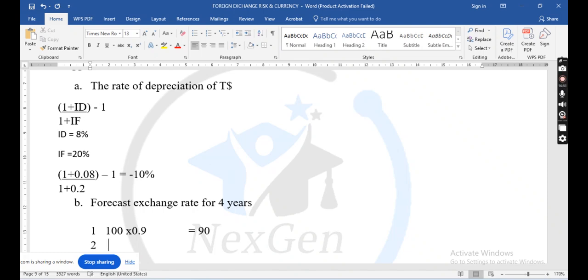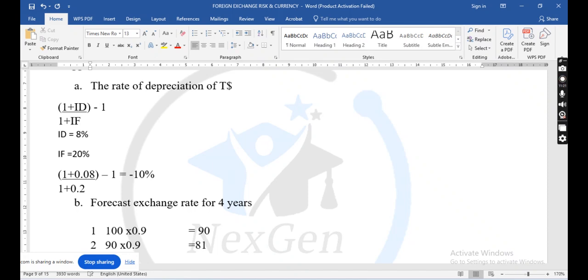Now, in year 2, this will be the spot rate for year 1. In year 2, the spot rate will decrease again, so we have 90 times 0.9. When you multiply this, you have 81.